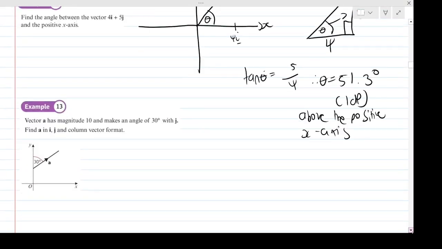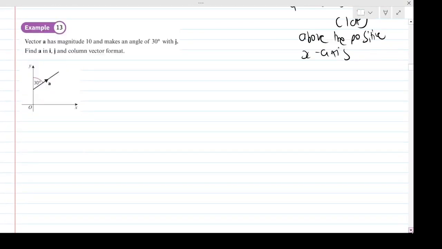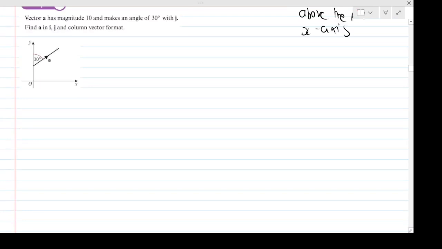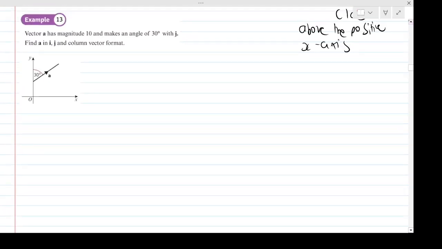In this example, we are told a vector A has magnitude 10 and makes an angle of 30 degrees with j. Find the vector A in ij and column vector format. We've been given the diagram for it here. I'm going to replicate that again, and make it a bit bigger.